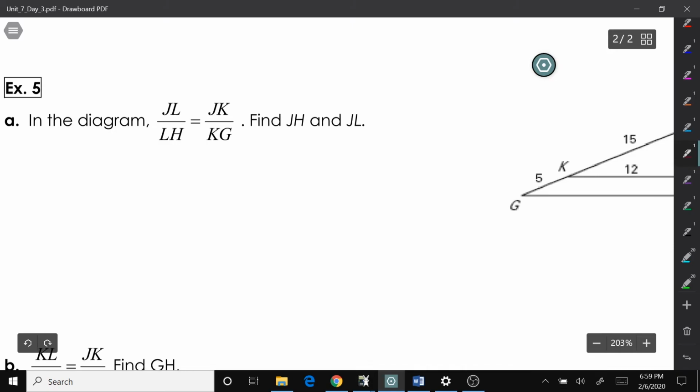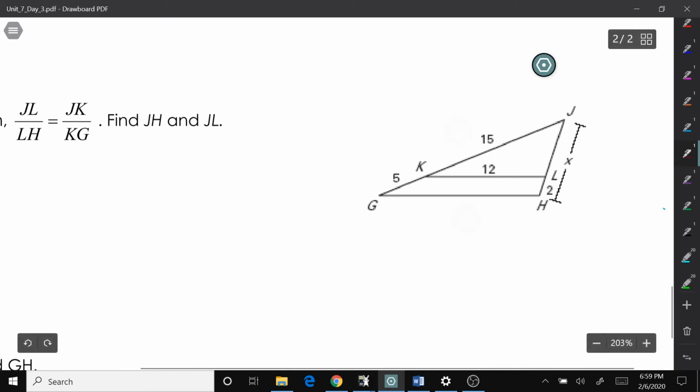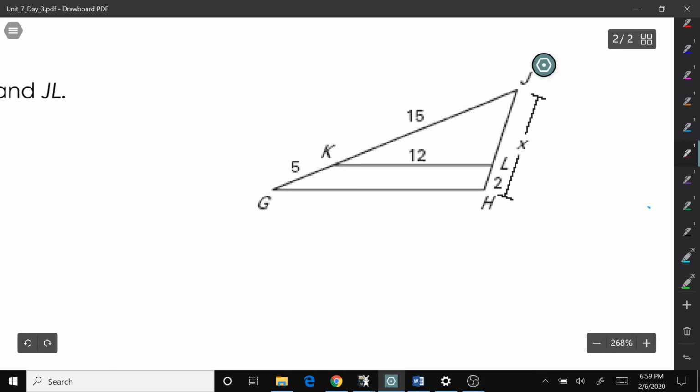Alright, in example 5, we got some tricky math to do. Looking at the picture, we see that this whole length JH is x, but JL is 2.